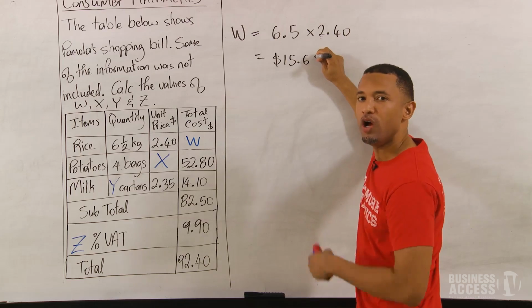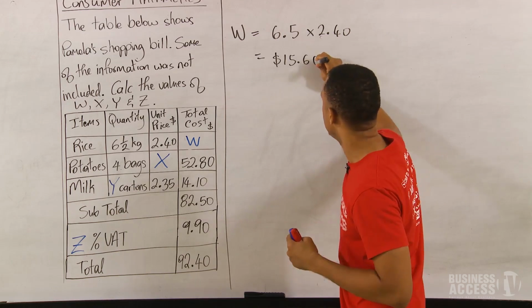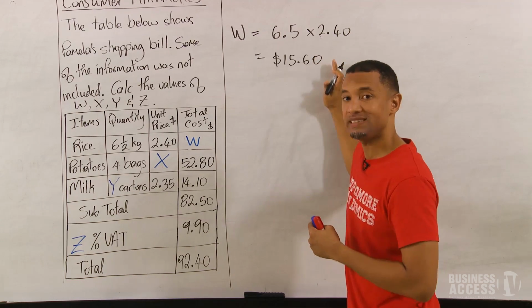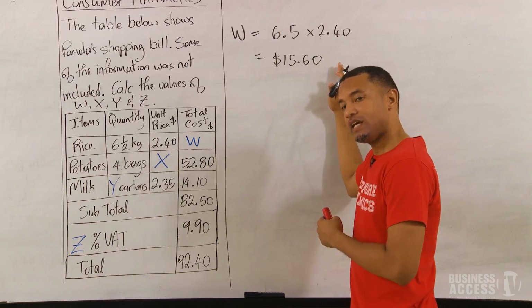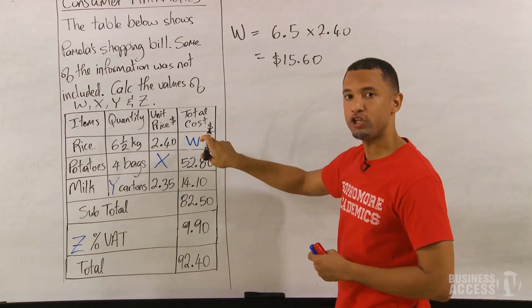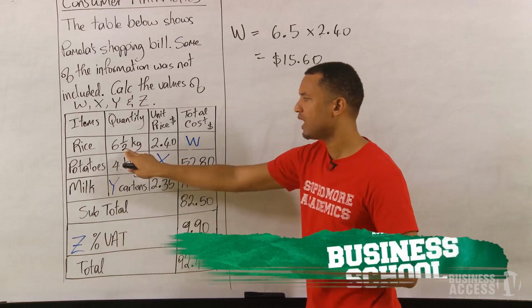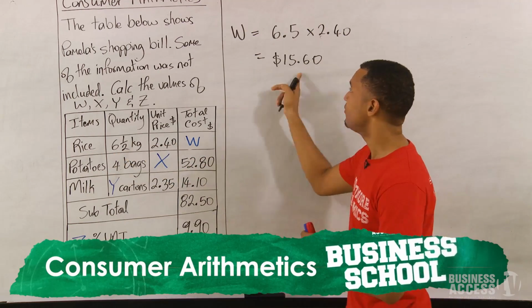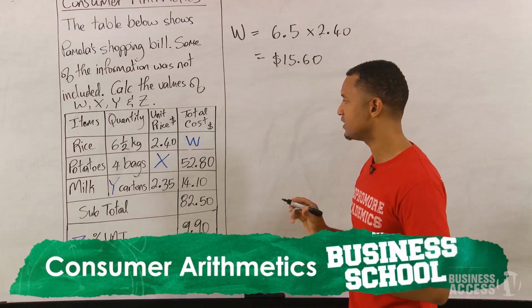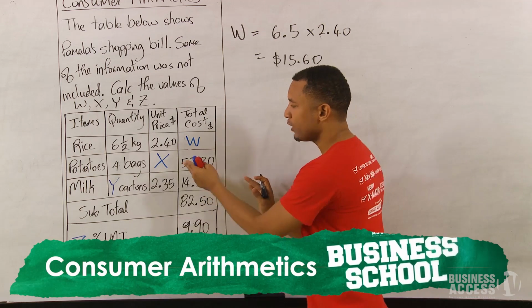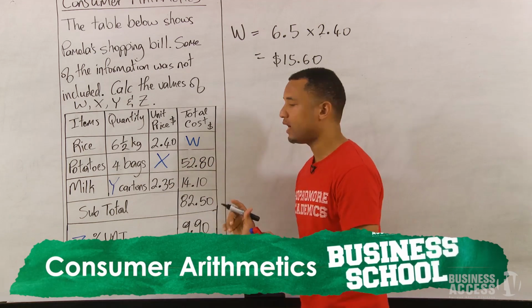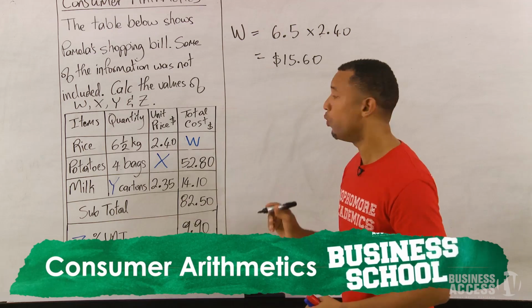Money is written to two decimal places, so it is $15.60. That is the value for W. So the 6.5 kilograms of rice costs $15.60. Now we are in the groove, so we can quickly work out the values for X and for Y.